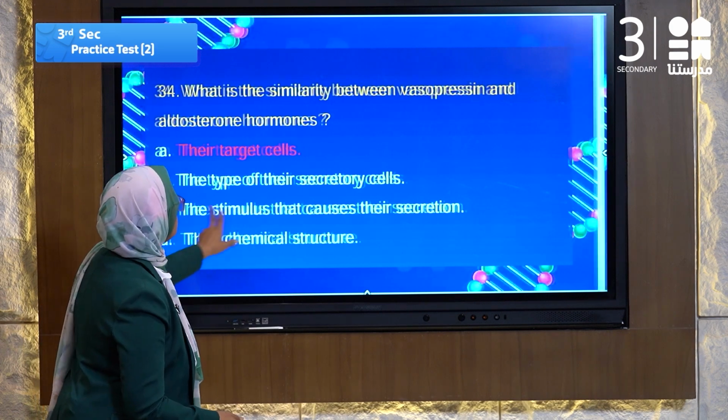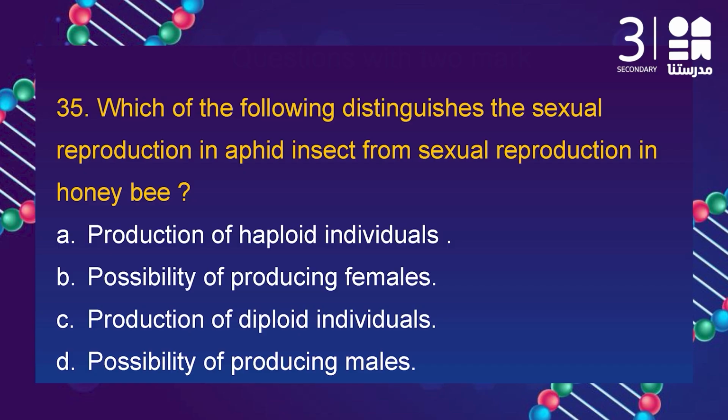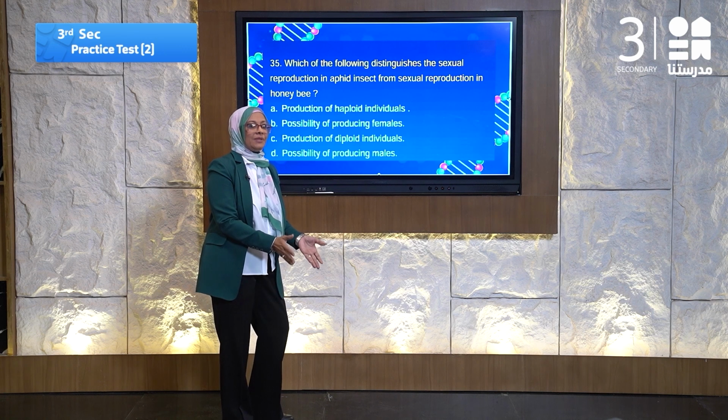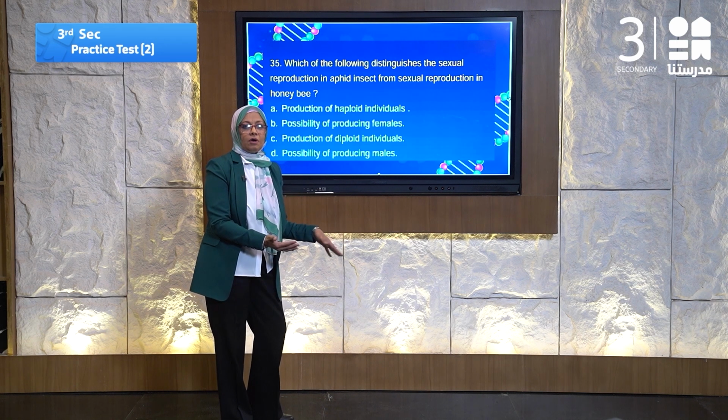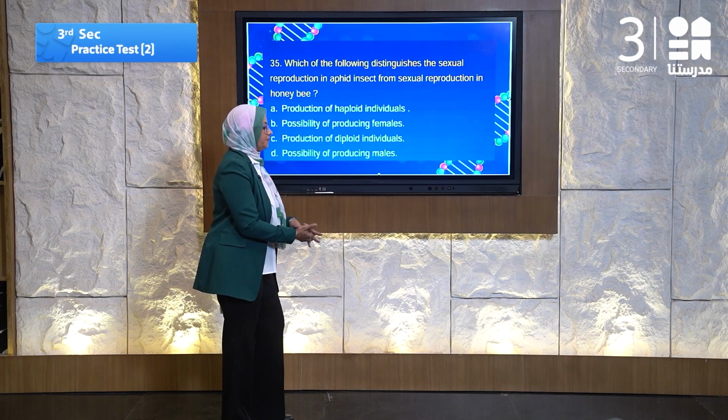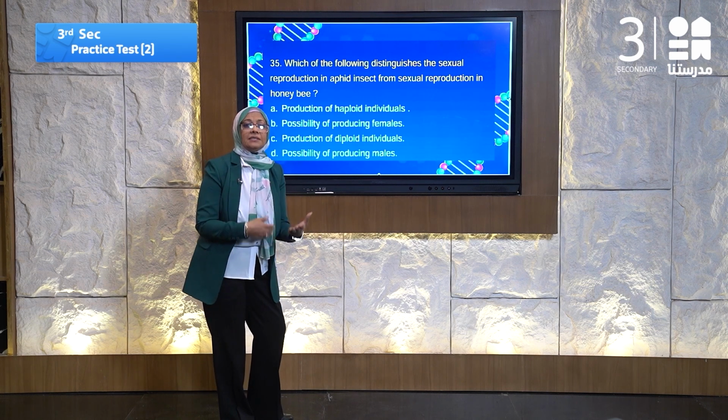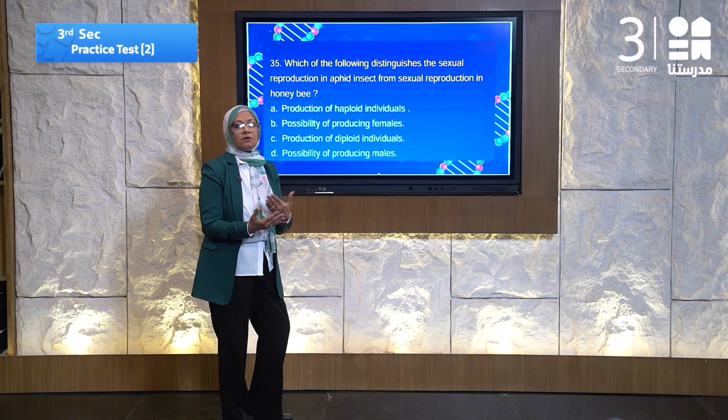Let's go to 35. Which of the following distinguishes the sexual reproduction in avid insect from sexual reproduction in honeybee? There are two types of insect. One of them is the honeybee with the colonies with three types of individual inside the colony.